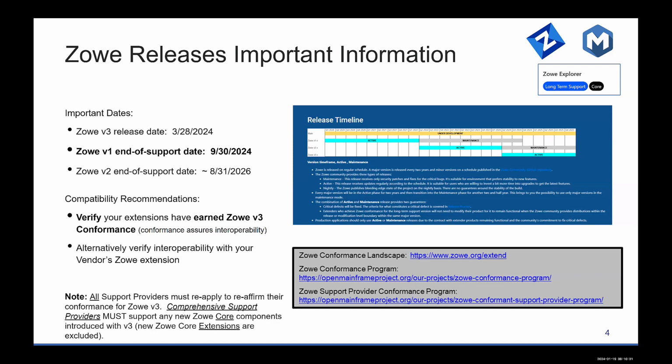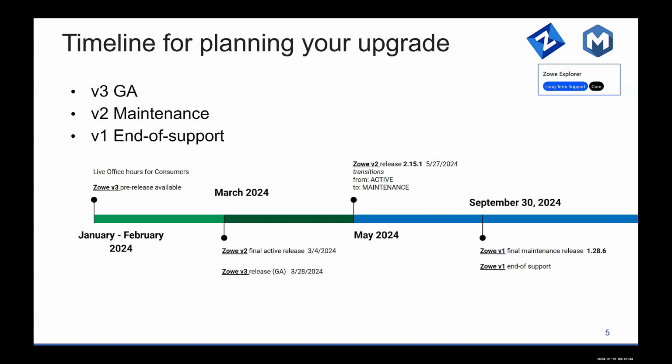Next slide, please. Just another way of looking at the important dates that we just brought to your attention in sort of a green-blue timeline format. We are here in January. We're presenting office hours for consumers, giving you insights into what's coming with V3. I believe there are technical previews available, but Billy and Adam will talk about that if you're interested in checking out V3 in advance.